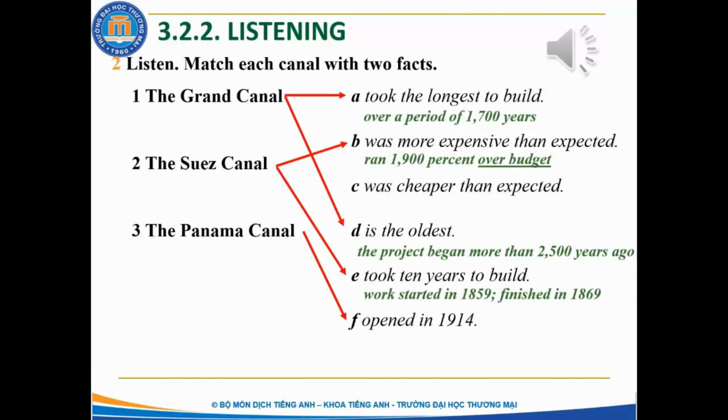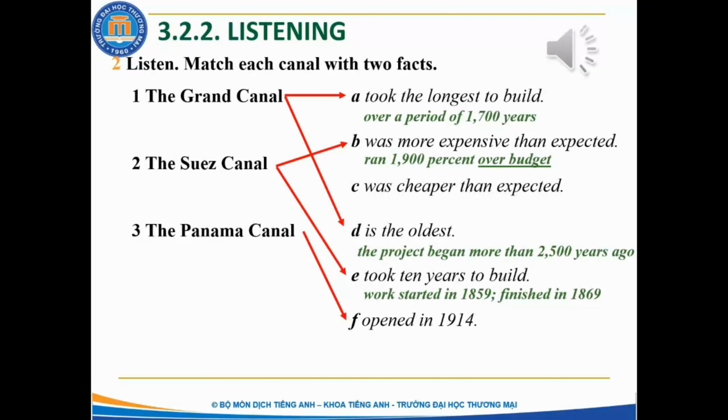Và mình còn lại hai thông tin là C was cheaper than expected and F opened in 1914. So these two facts for sure belong to Panama Canal, right? Các bạn có nhớ được cái thông tin mà liên quan tới hai câu C và F về kênh đào Panama không ạ?